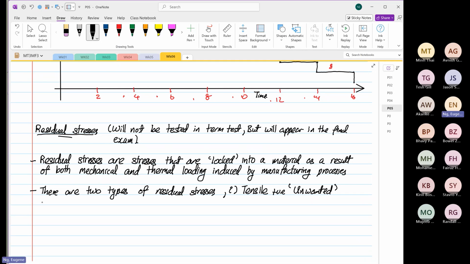And the second one is what we call compressive. Compressive is the negative part, and it's what we want. Okay, the wanted one. Okay, so weird. And you will see later on why.